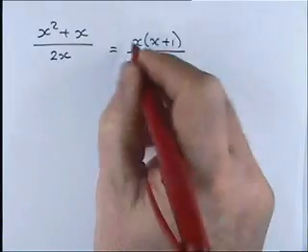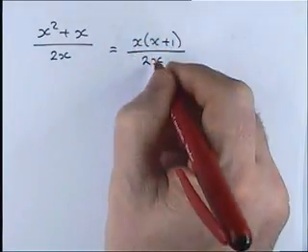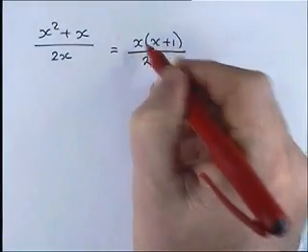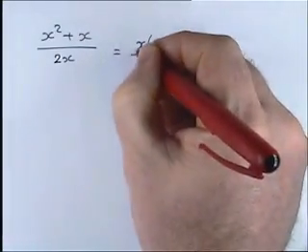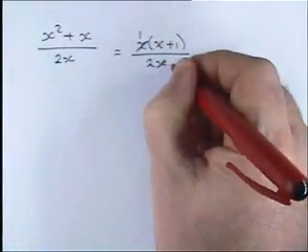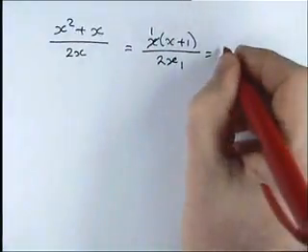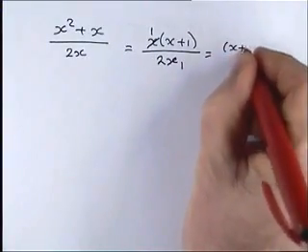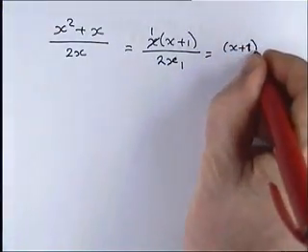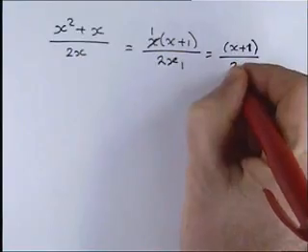So we see there's a common factor of x in the numerator and the denominator, so we can divide the numerator and the denominator by x, and we're left with 1 lot of x plus 1 divided by 2.